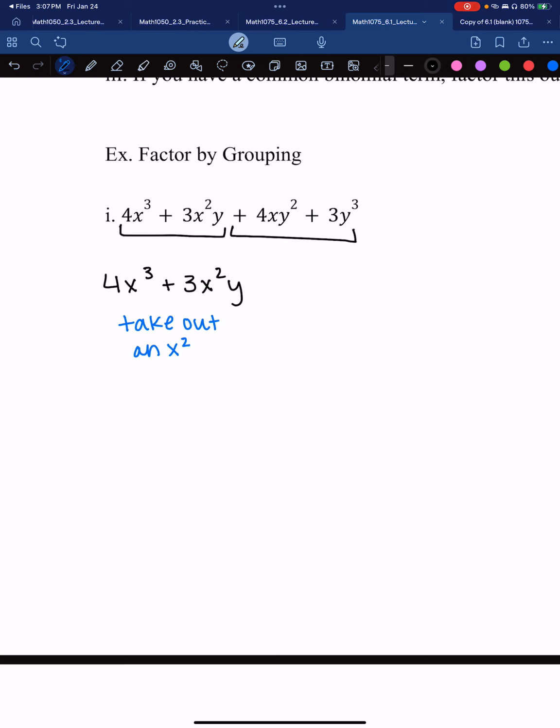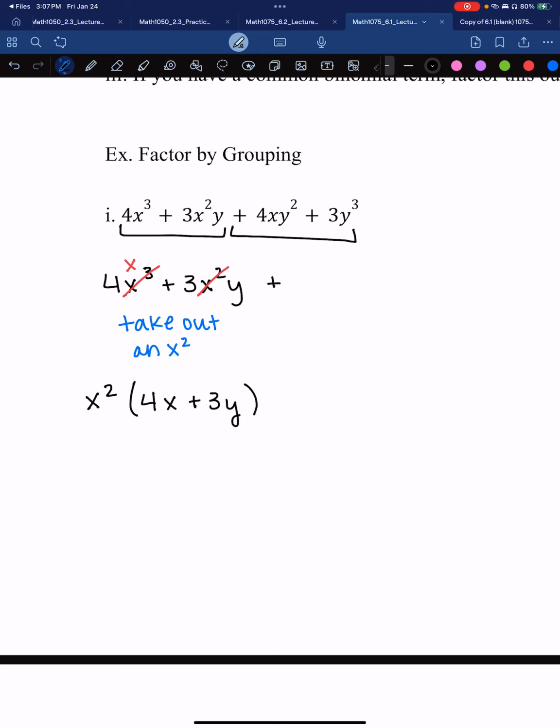If we take an x squared term out, we now write out what we have left. So we take out an x squared, which leaves us with just one x, and that goes away completely. So I'm left with 4x plus 3y.